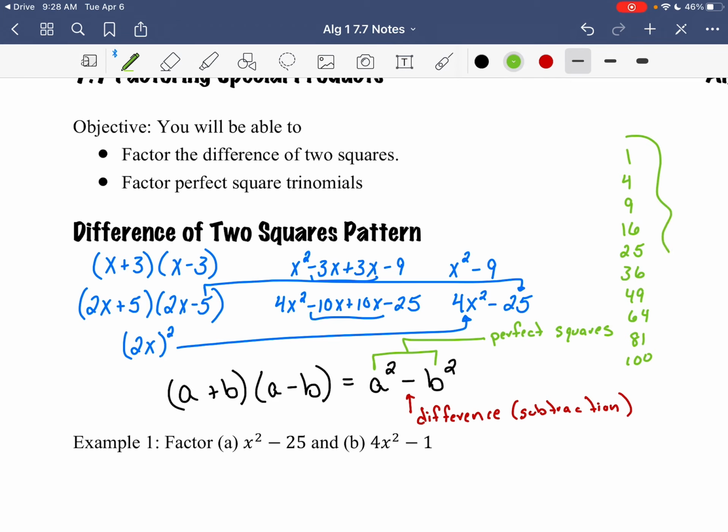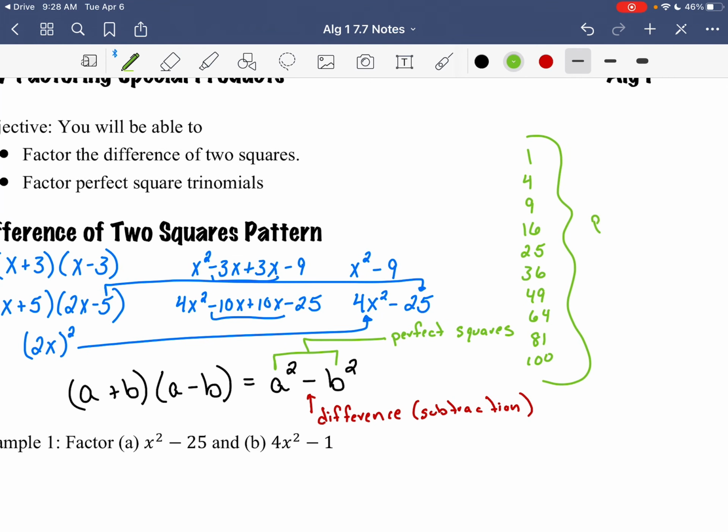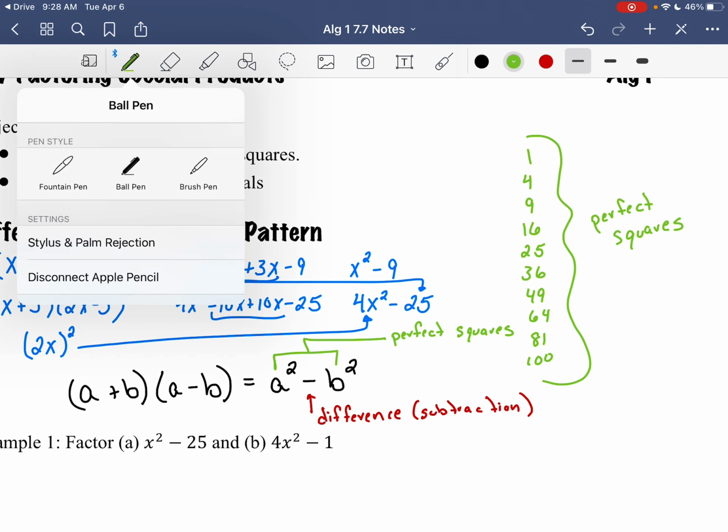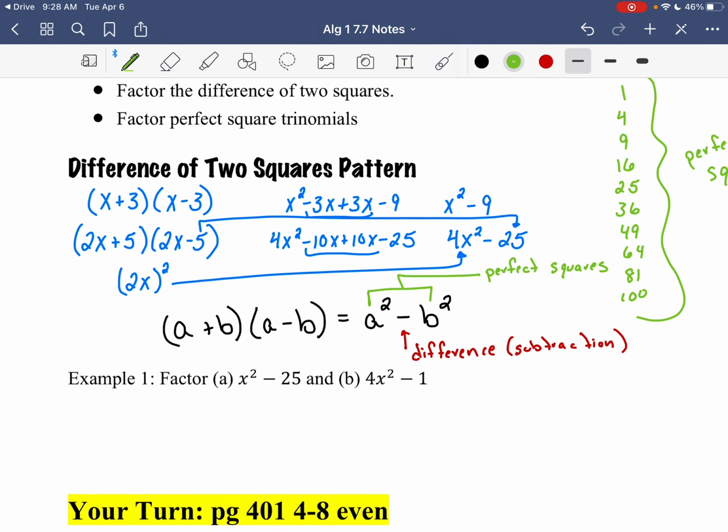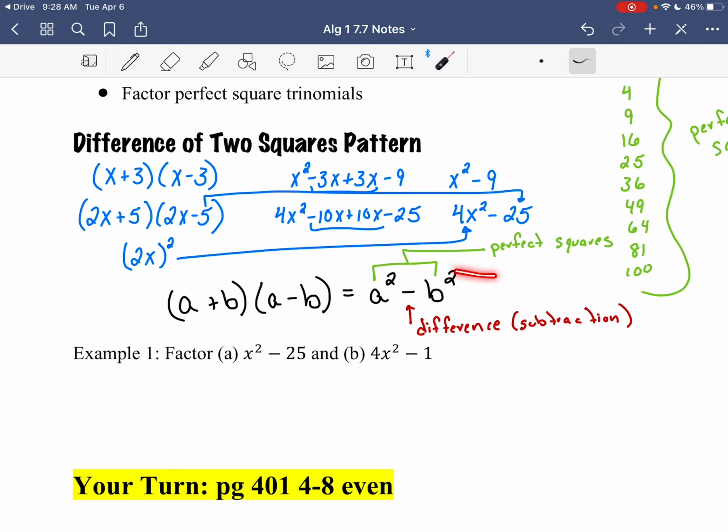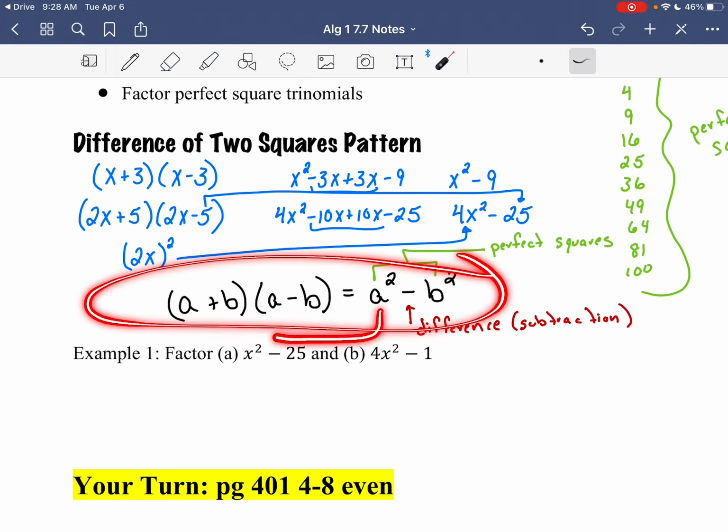These are our most basic square numbers. They're the square of a number, meaning 1 times 1, 2 times 2, 3 times 3, 4 times 4, 5 times 5, etc.